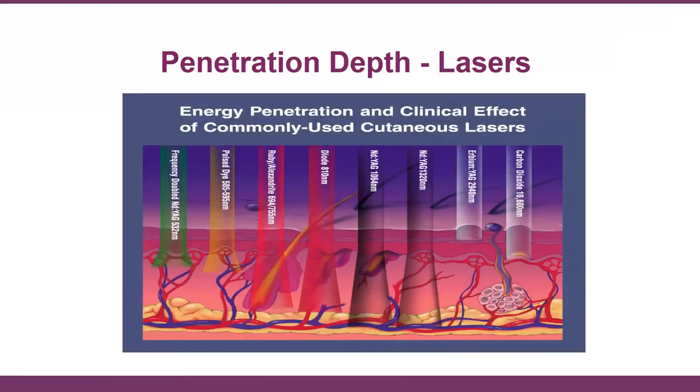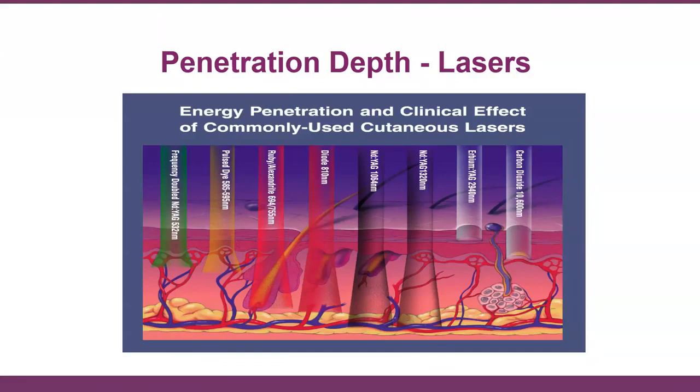There is another consideration you have to think about as well. As that wavelength increases, the depth of penetration of the laser also increases. So if we use, for instance, as you can see on the chart here, a frequency doubled Nd:YAG or a KTP laser, which is 532 nanometers, you can see the absorption is very superficial.